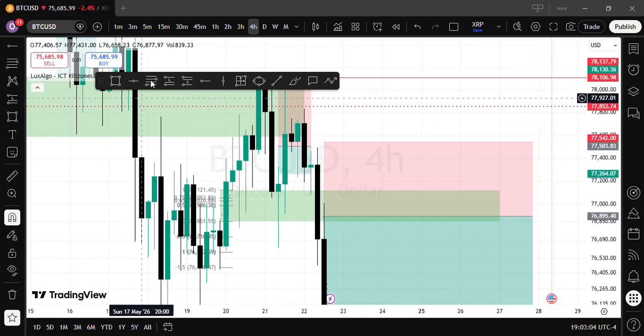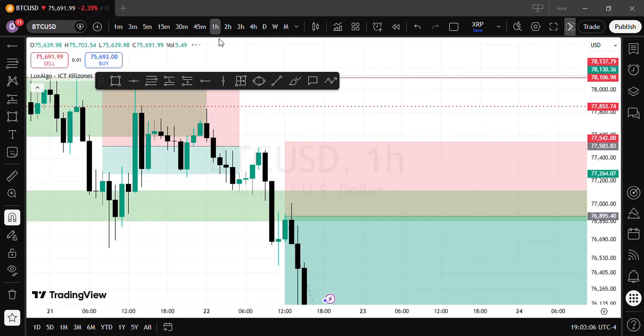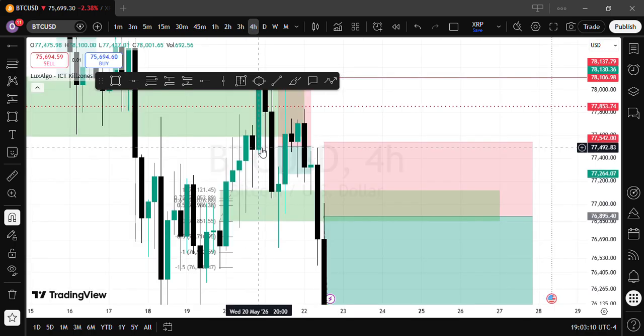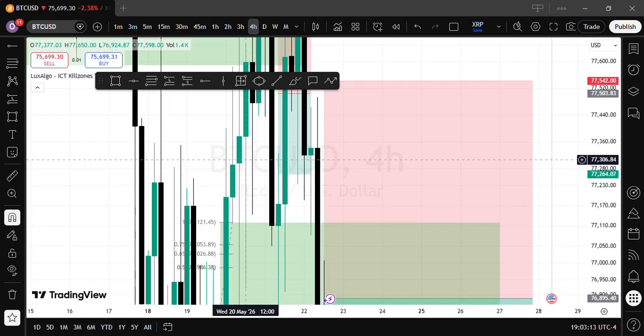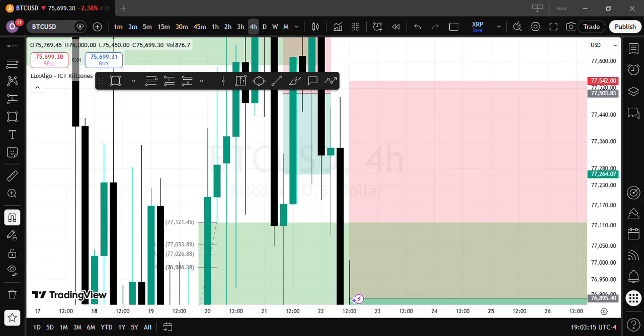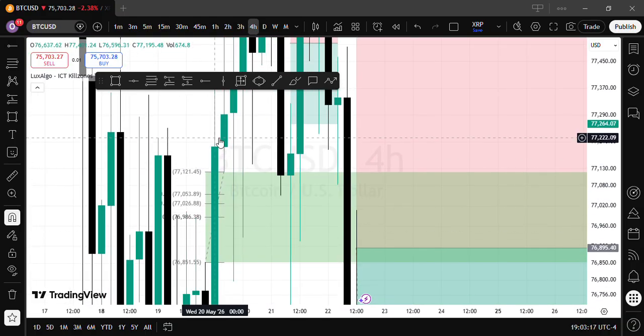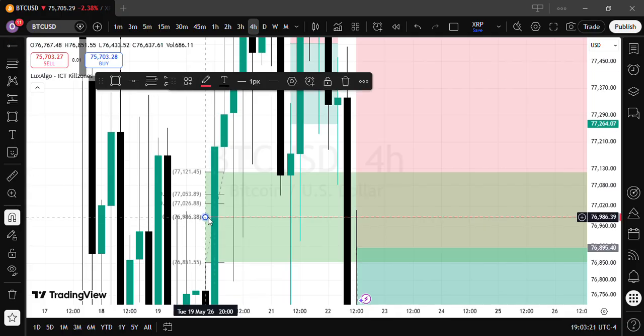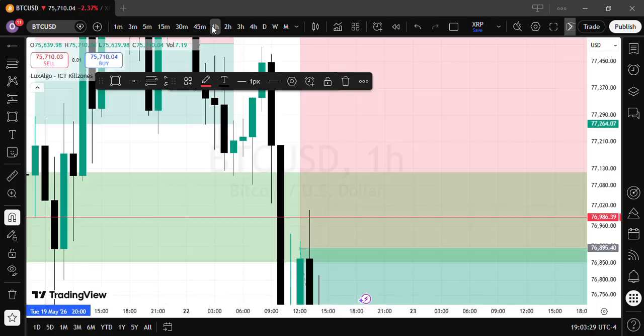Then by the time you check that 50% on the 1 hour, let me annotate it so we can see it. Let me put a line. That's 76,986.38. Yeah, it's close, just 1 point.